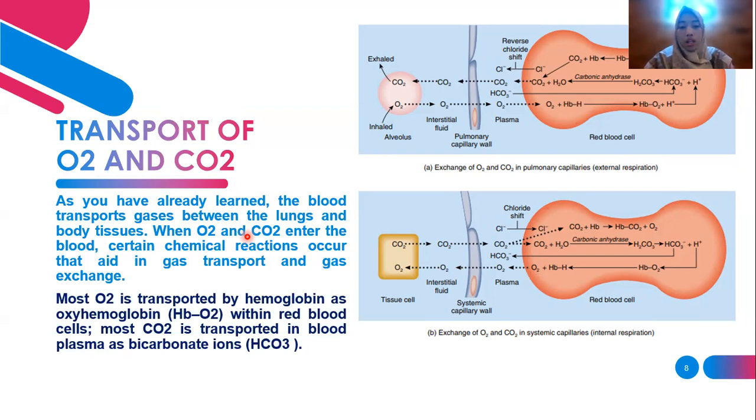In each 100 milliliters of oxygenated blood, 1.5% of the oxygen is dissolved in blood plasma, and 98.5% is bound to hemoglobin as oxyhemoglobin.